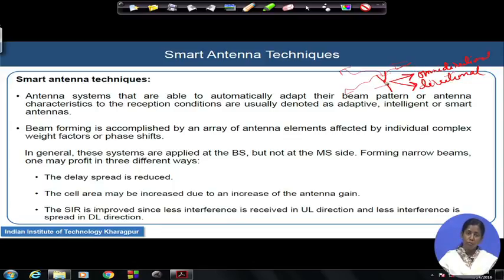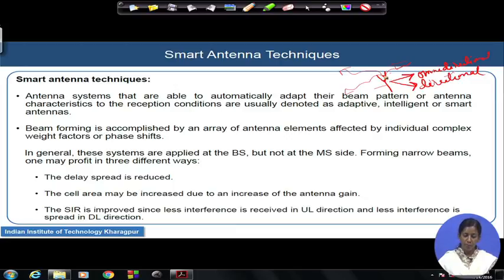Smart antennas are those antennas which can adaptively change these beam patterns, or change their antenna characteristics in such a way that the reception condition is facilitated. If our interest is the signal to interference ratio, the interference is reduced, or the signal power is increased.